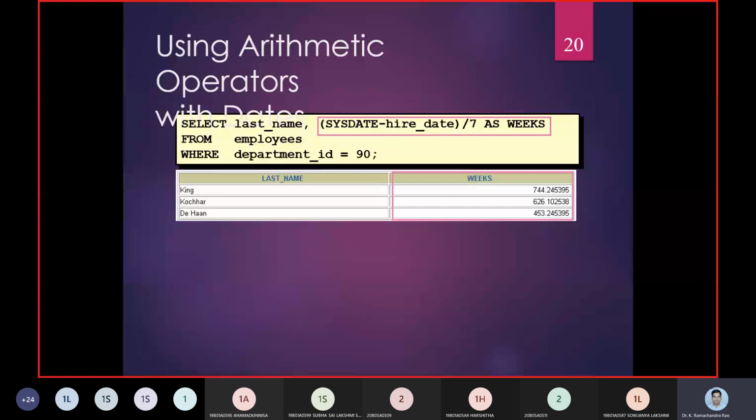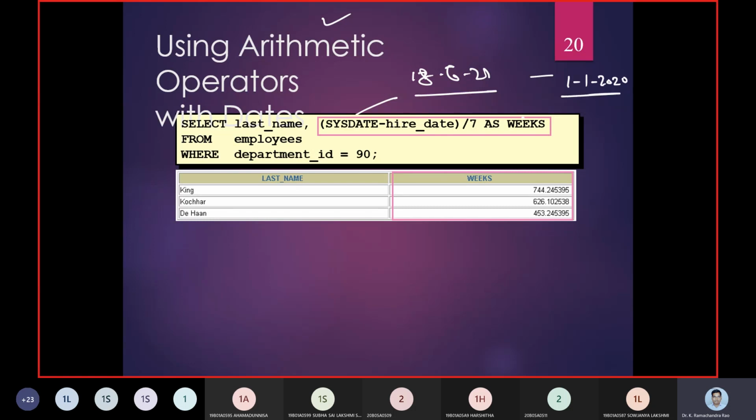So in a date operation, we can make some arithmetic operations. That is the system date minus hire date. Assume that today's date is 18/6/21, and I joined this organization in 2010, or say 1/1/2020.